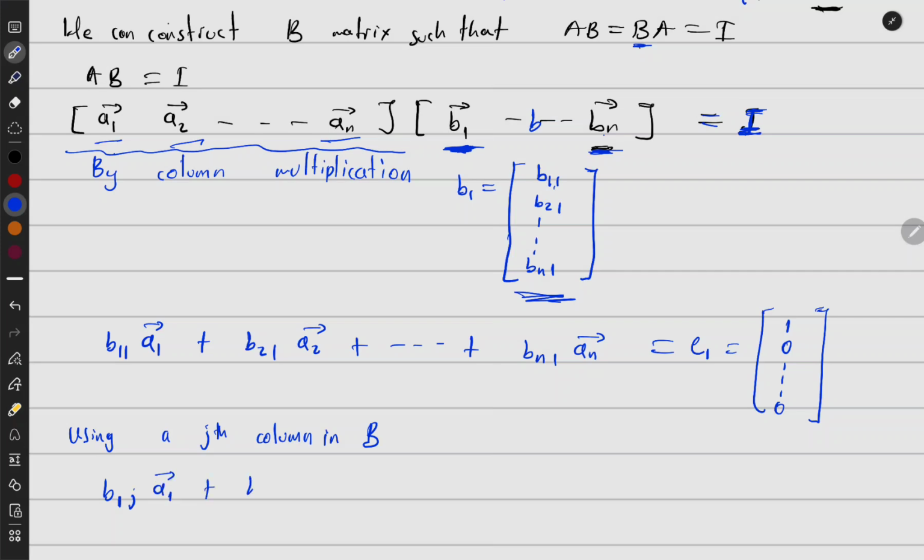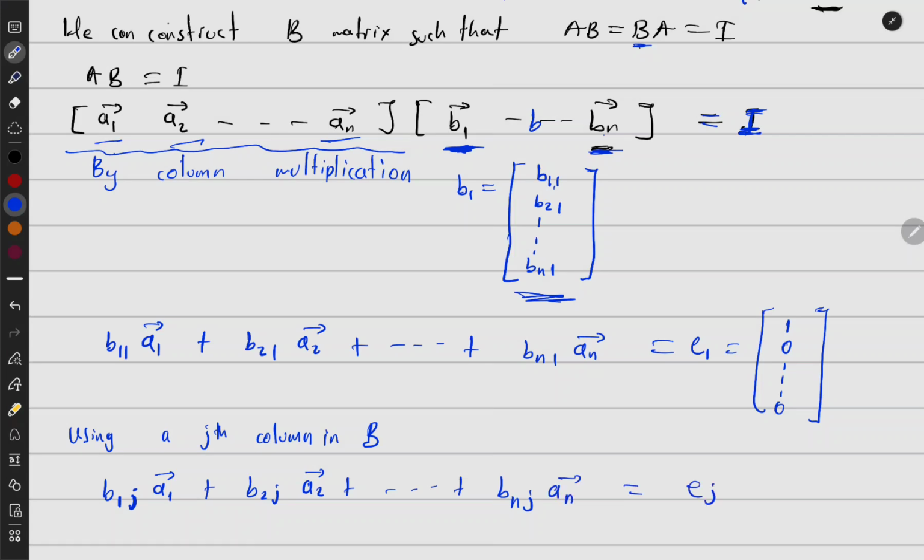These ones remain the same. This is B1j, this is B2j. These ones remain the same, plus, so I come up to Bnj since I'm in the jth column.